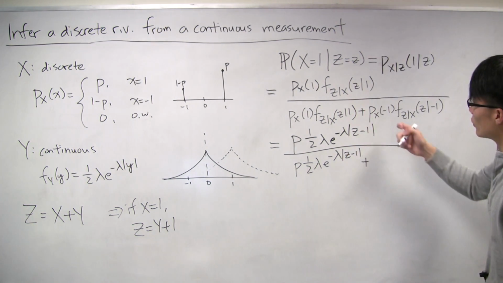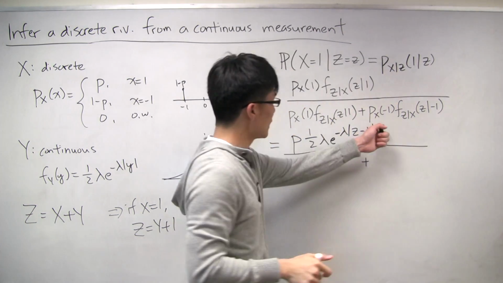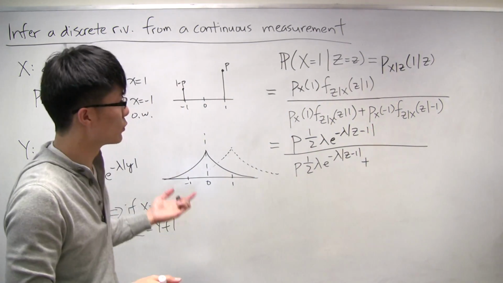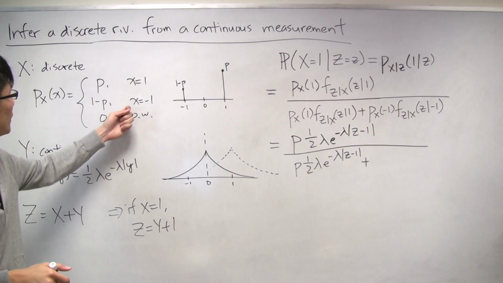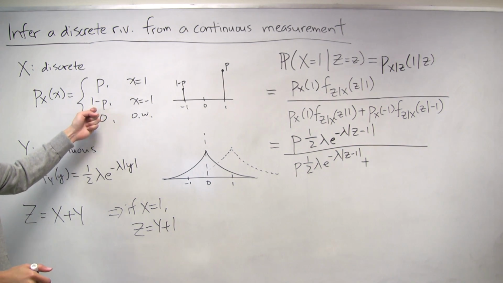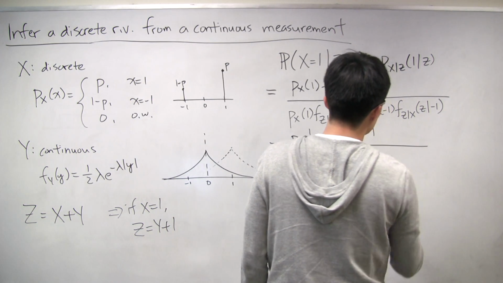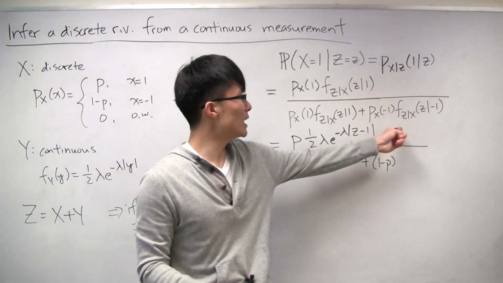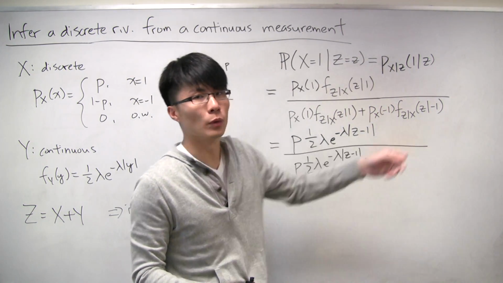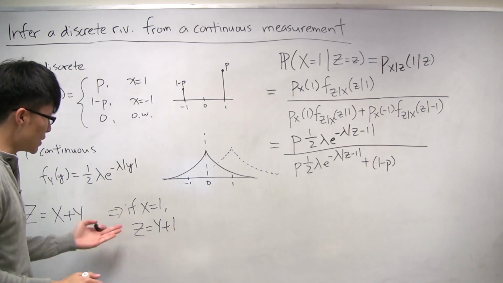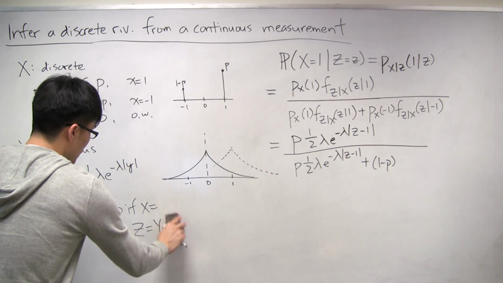The second term, first we need to figure out what is the PMF of x evaluated at -1. Or in other words, what's the probability that x is -1? That is given to us by the PMF. It's 1 minus p. And then the second part is, what is the conditional PDF of z given that x is -1? Well, we can do the same sort of trick here.